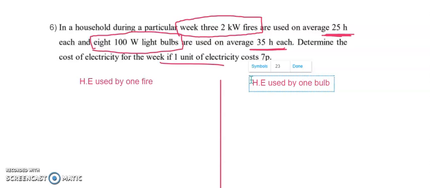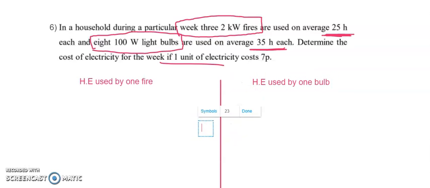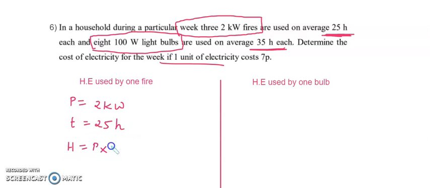So first let's calculate the energy used by one fire and one bulb.